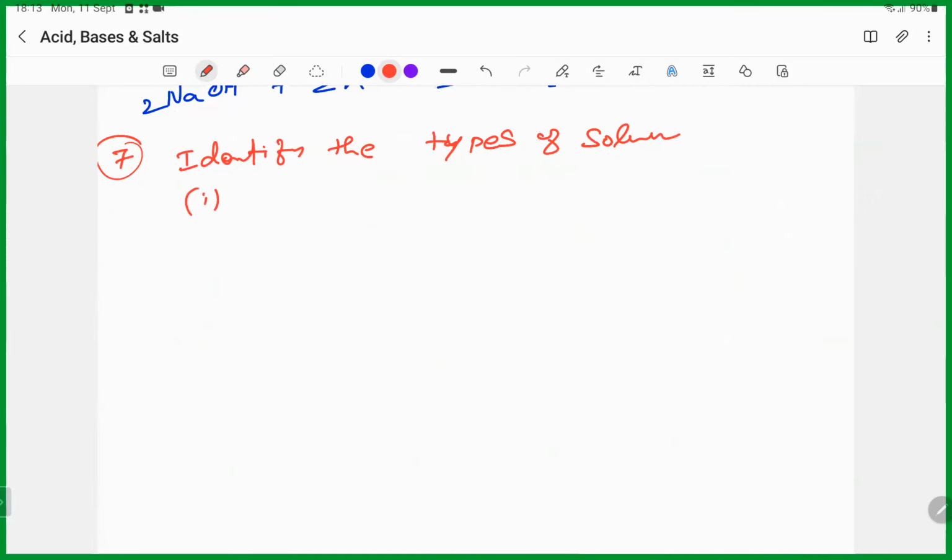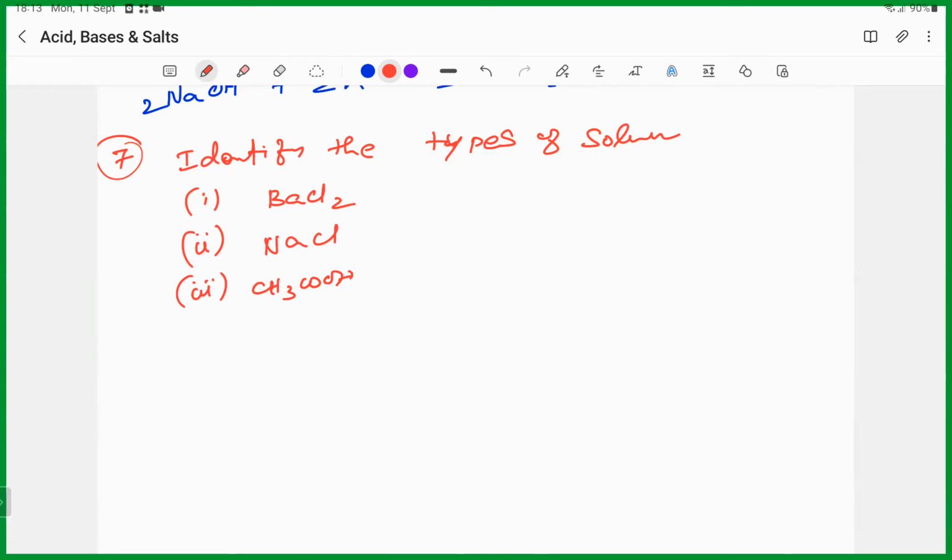Number 1, BaCl2. Number 2, NaCl. Number 3, sodium acetate.